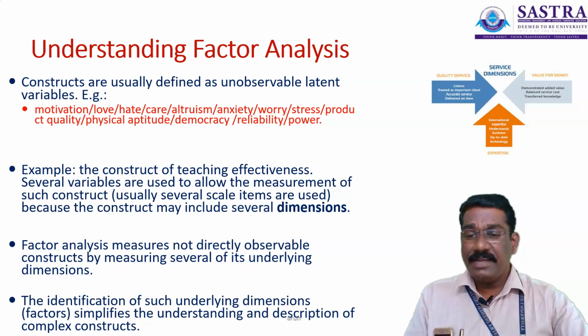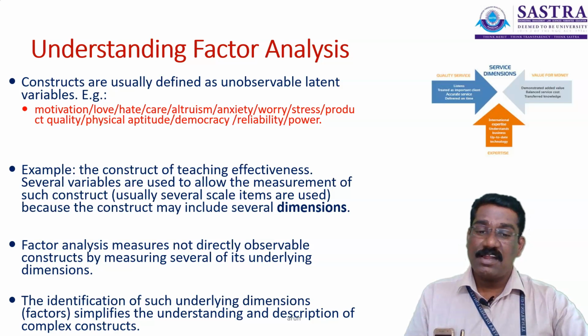So the identification of such underlying dimensions simplifies the understanding and description of the complex construct. With the example I was just quoting, the service quality construct is comprised of 5 dimensions, and each dimension will have many variables. I was quoting the example of convenience.